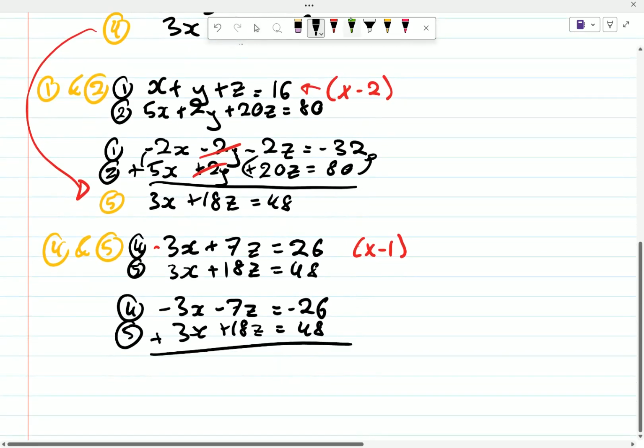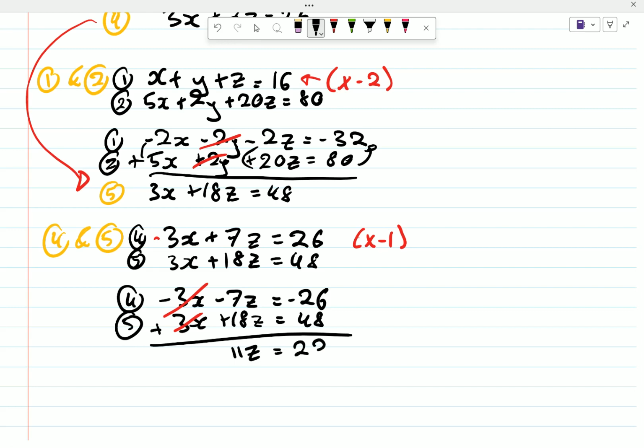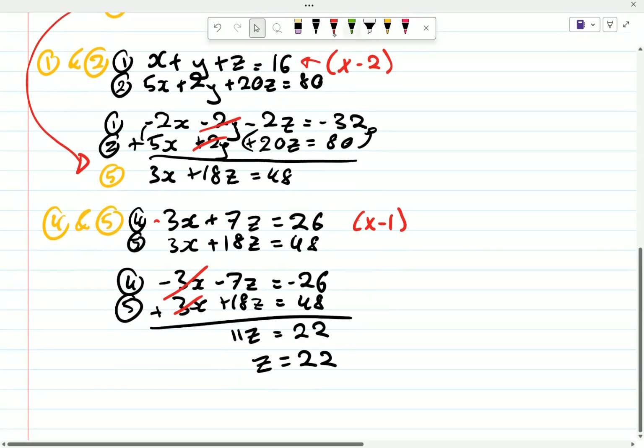Again, we're adding these. These 3's are going to cancel. 18z minus 7z is 11z, and 48 minus 26 is 22. So 11z equals 22.